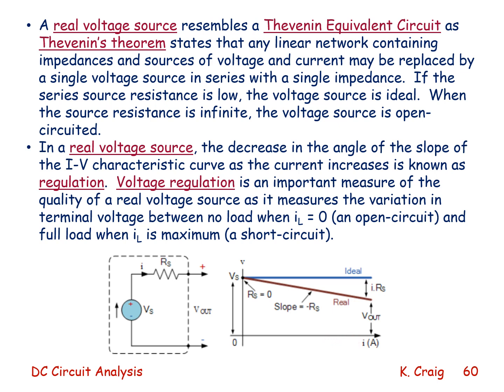Voltage regulation is an important measure of the quality of a real voltage source, as it measures the variation in terminal voltage between no load, when the load current is zero, that is open circuit, and full load, when the load current is maximum, that is a short circuit.